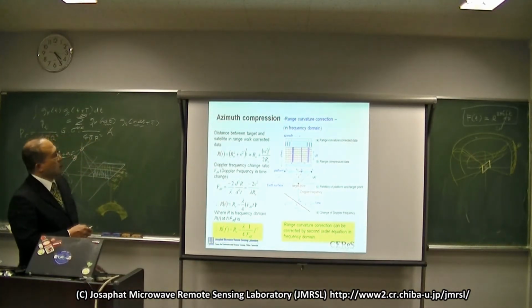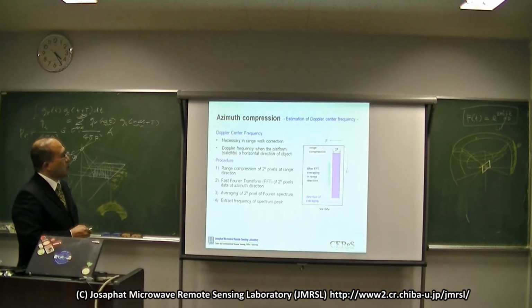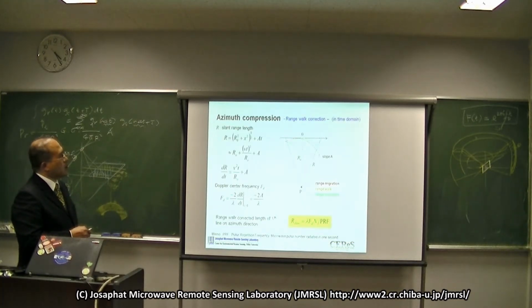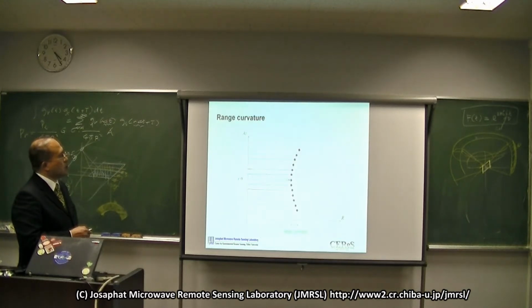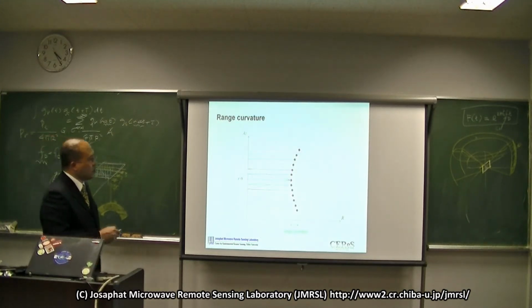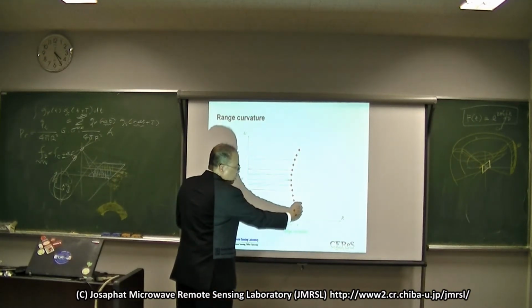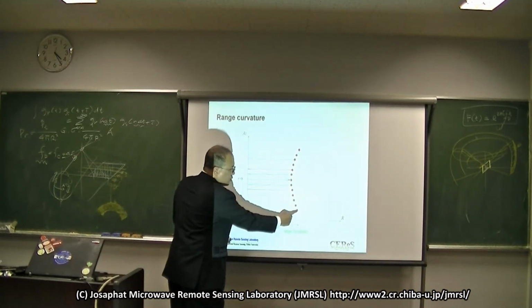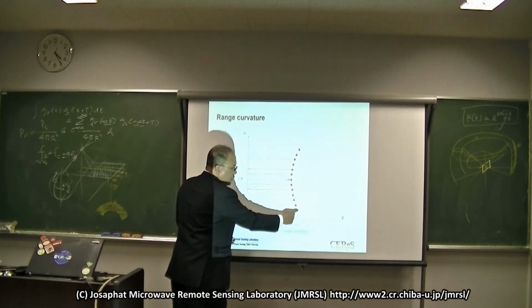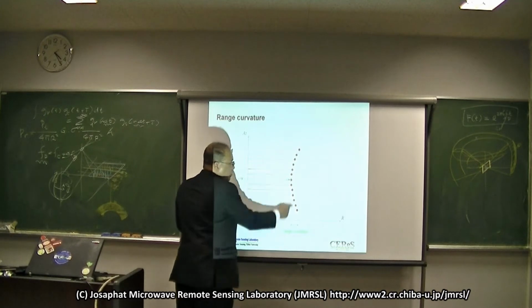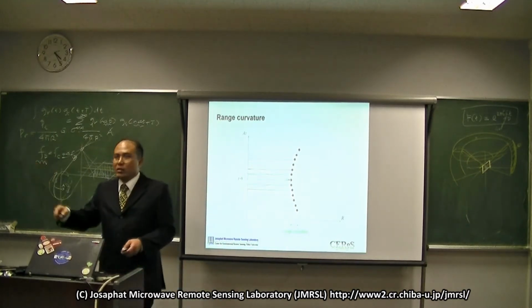Then here is the range curvature correction. To correct this range, because you know this effect, you need to move this object to here, to make a straight line.